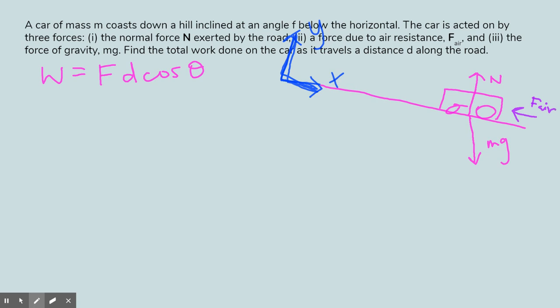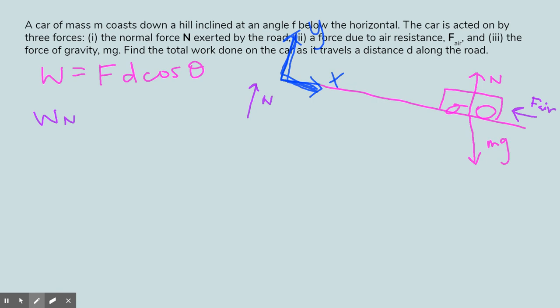All right, I'm going to call that work from normal force, W_n, and I'm going to isolate it here in my system. So I see that if I were to redraw this, the normal force right here goes only in the y direction.